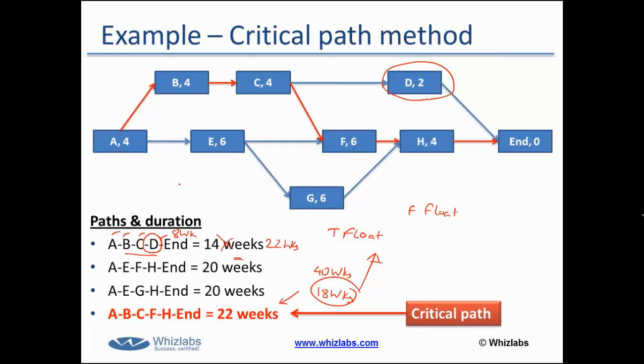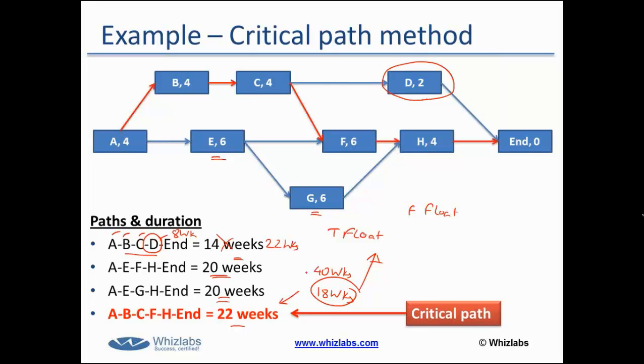Similarly, you would see that if I delay activity E or activity G by up to 2 weeks, because these paths are 20 weeks and the critical path is 22 weeks, there is no impact on the project schedule. The only thing is that we will have multiple critical paths, because the second and third paths would also become critical paths.